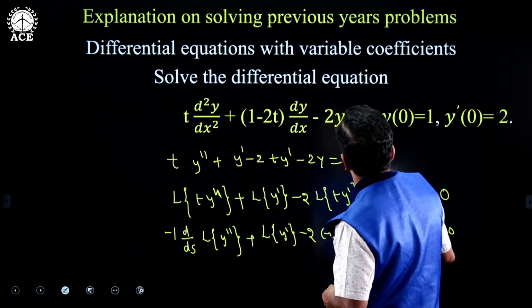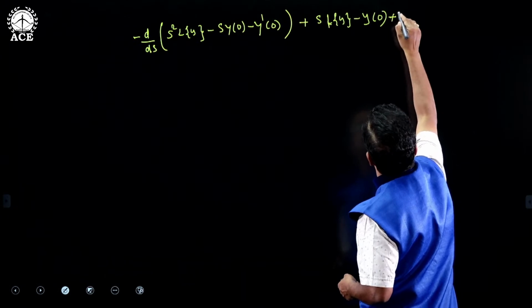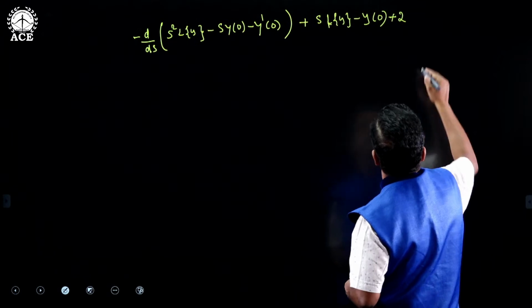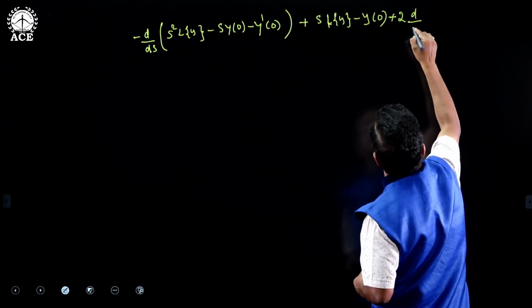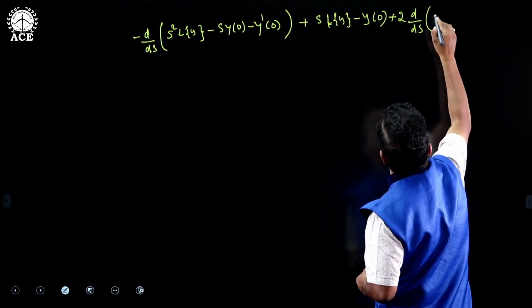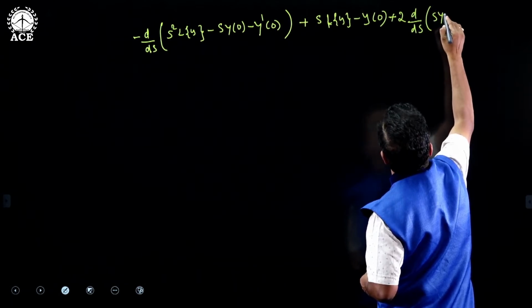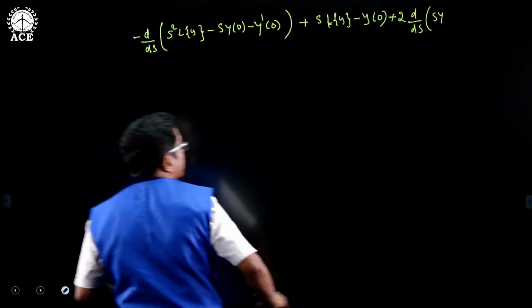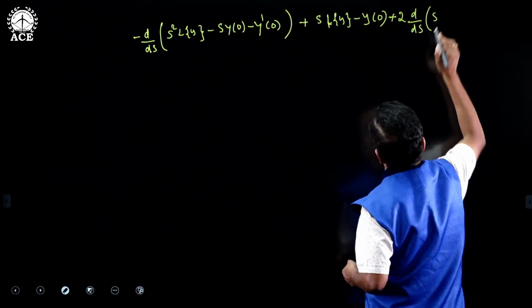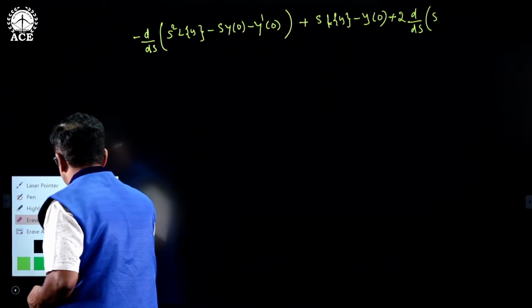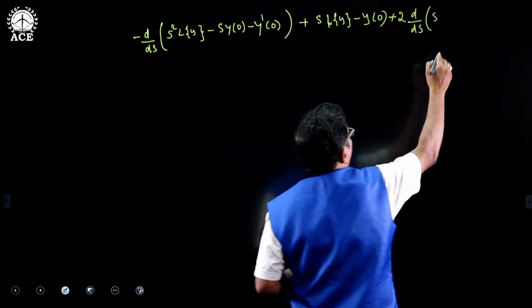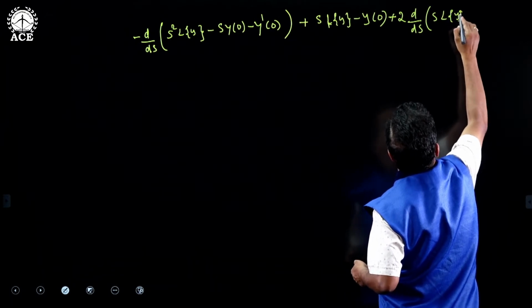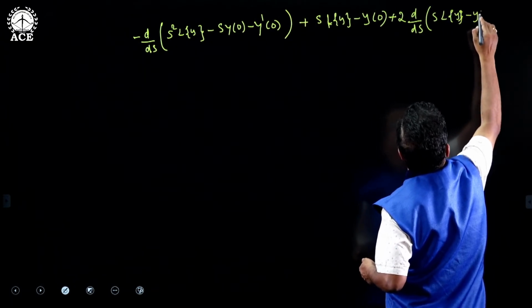Minus 2 into minus 1 gives plus 2, d by ds of L of y dash, which means d by ds of s into L of y minus y of 0.